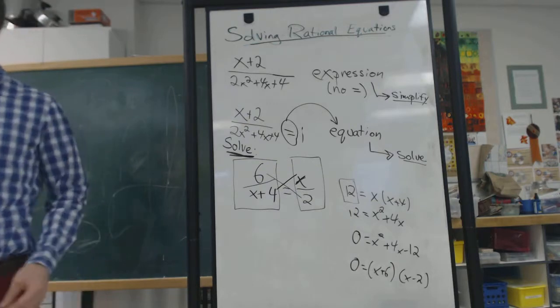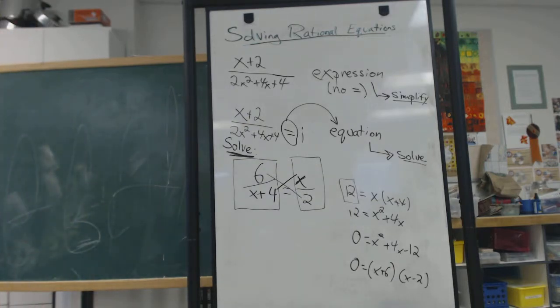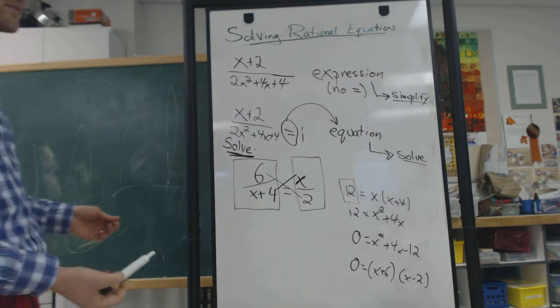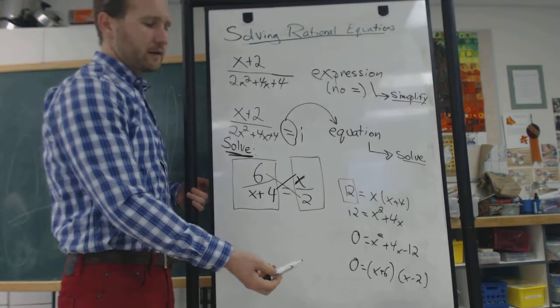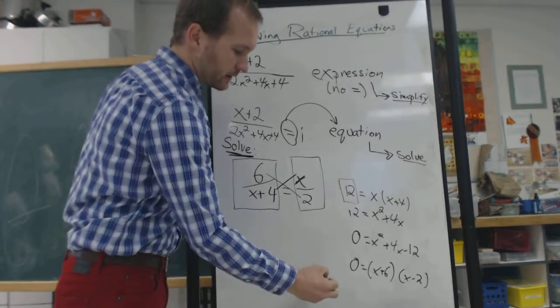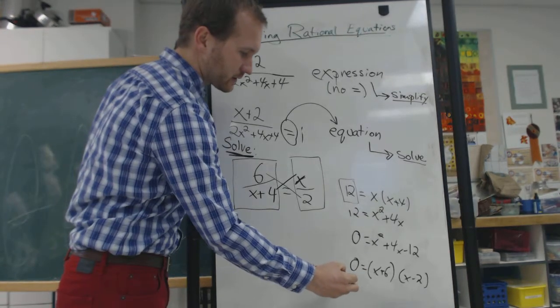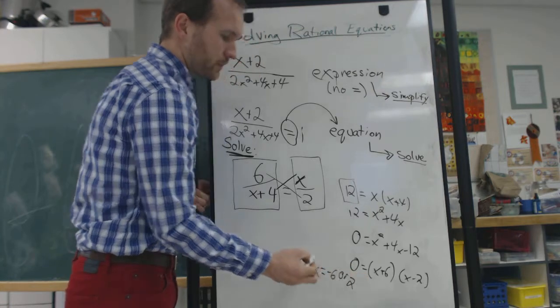So that checks out. That checks. And now I can just use my shortcut, right? The additive inverse here, x is either going to be negative 6 or 2.